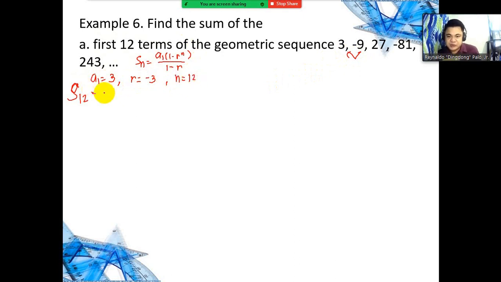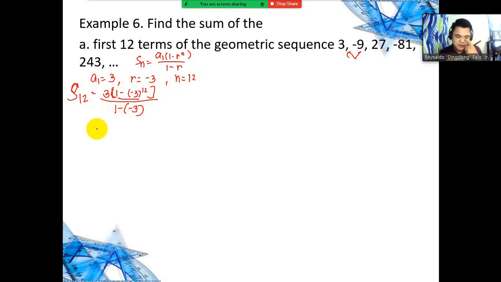Now we can substitute to the formula. Your a sub 1 will be 3 times 1 minus r, the common ratio, negative 3, raised to the power of 12 over 1 minus negative 3. Now to solve it faster, simplify first using PEMDAS.